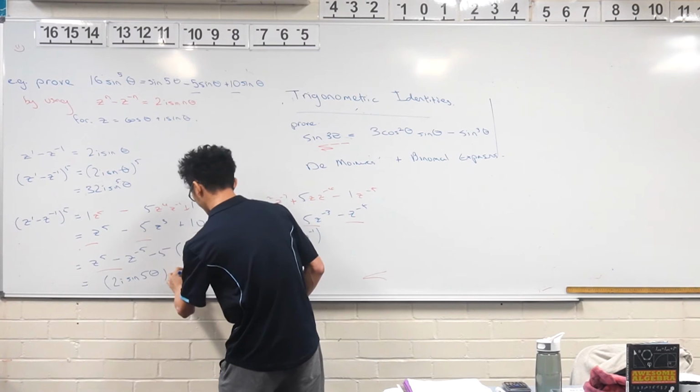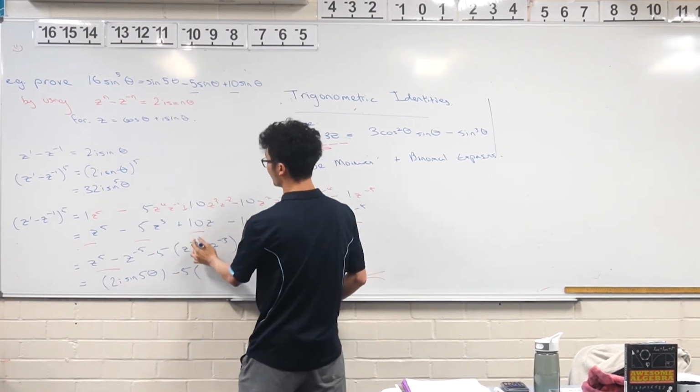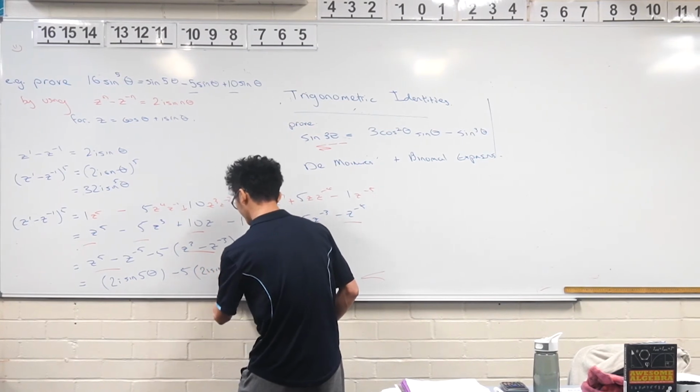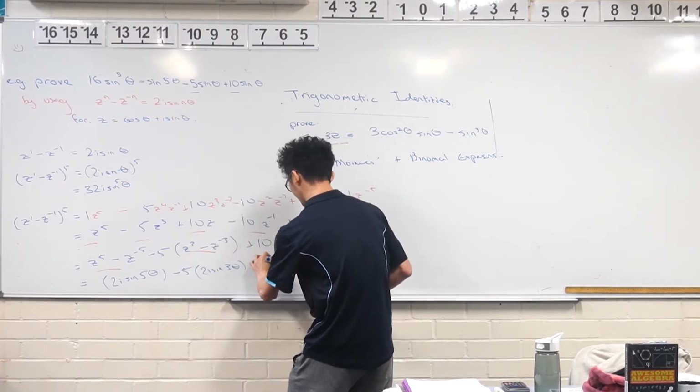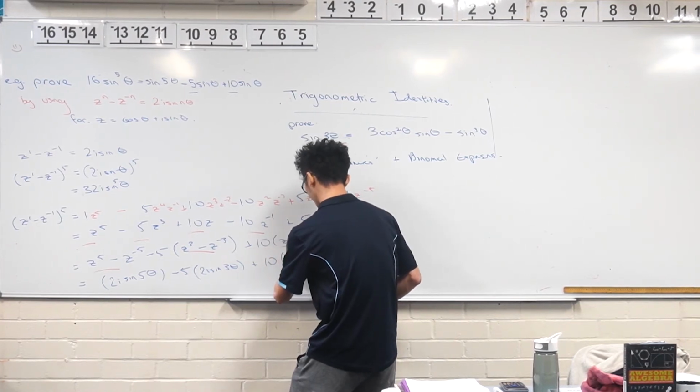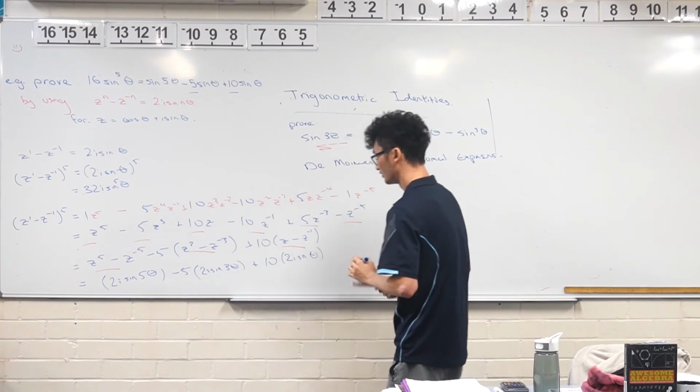And this is negative 5 outside of, same thing here but now with a 3, so that's 2i sin 3θ, plus 10 outside of 2i sin θ. Okay, so far so good.